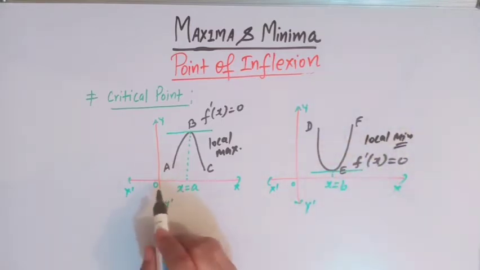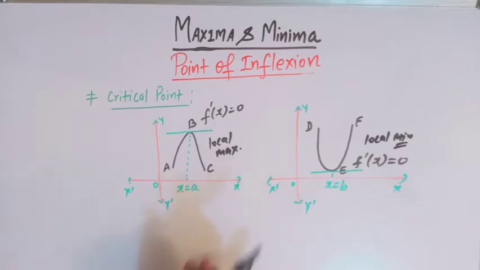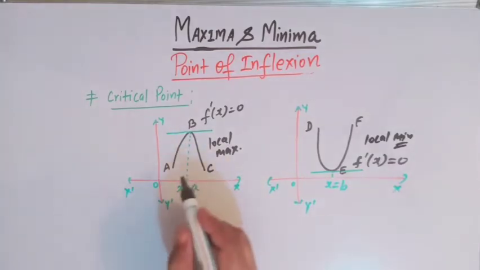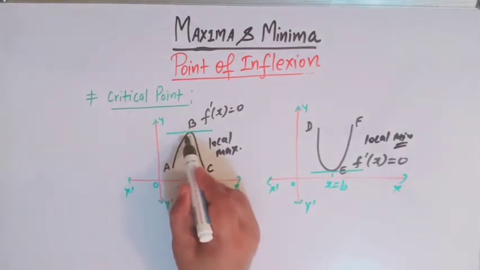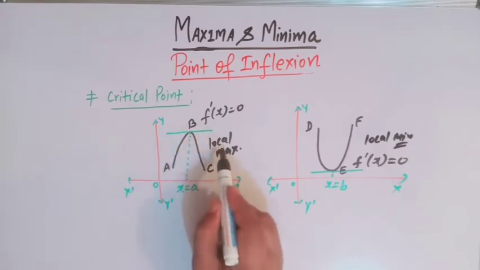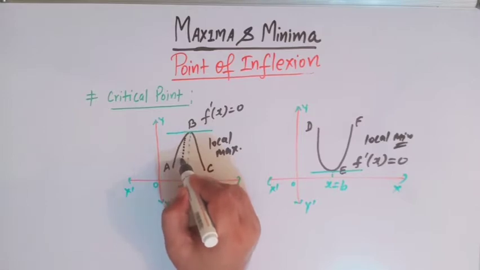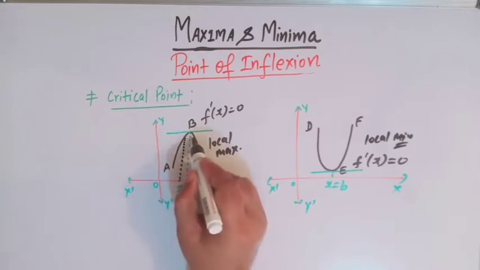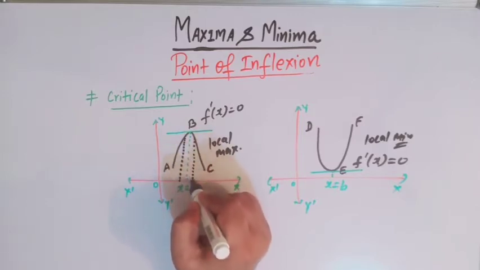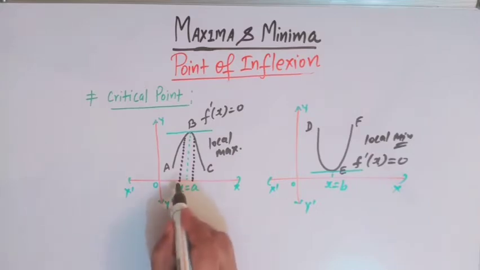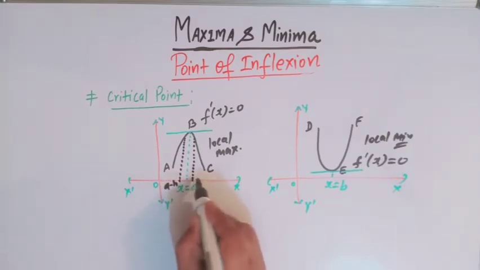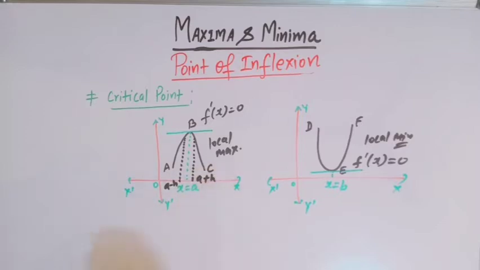So here in these two graphs, when this point P is a point of local maxima, we look at the slope of the tangent, right? See, this point is a minus h, here this point is a plus h.